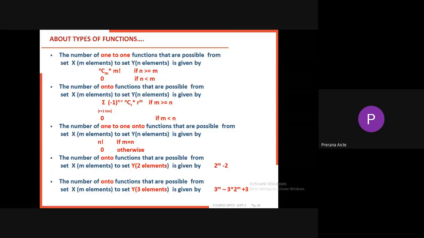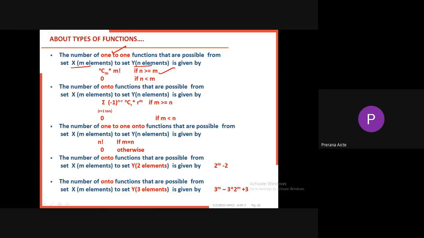We have set X with m elements and set Y with n elements. If you want to find out how many one to one functions are possible from set X to set Y, it is given by nCm into m factorial, if n is greater than or equal to m.